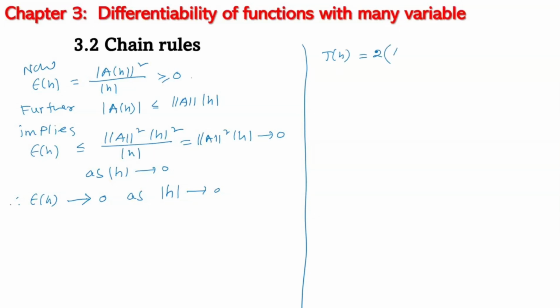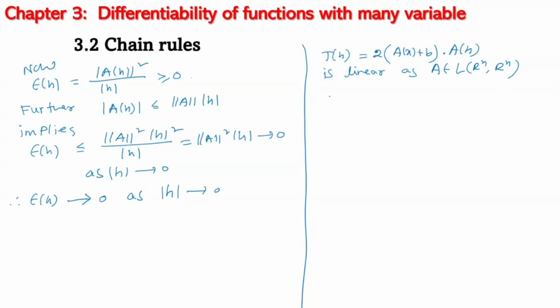Now the next part: t h is equal to 2 (ax plus b) dot ah, which is linear as a belongs to L from Rn to Rn.